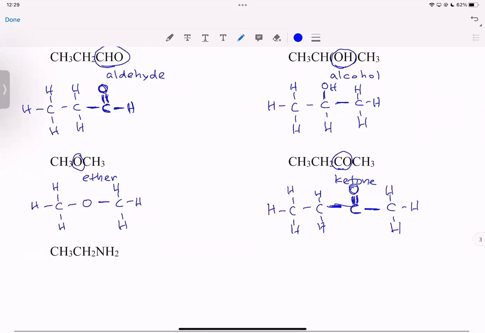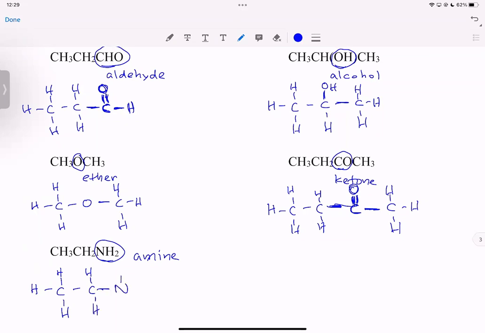Okay. And then we have, this is a CH3, CH2, NH2. Anytime you have a nitrogen, this is going to be an amine functional group. So this, building this out, is a CH3 and then a CH2. And then the nitrogen has 2 hydrogens on it.